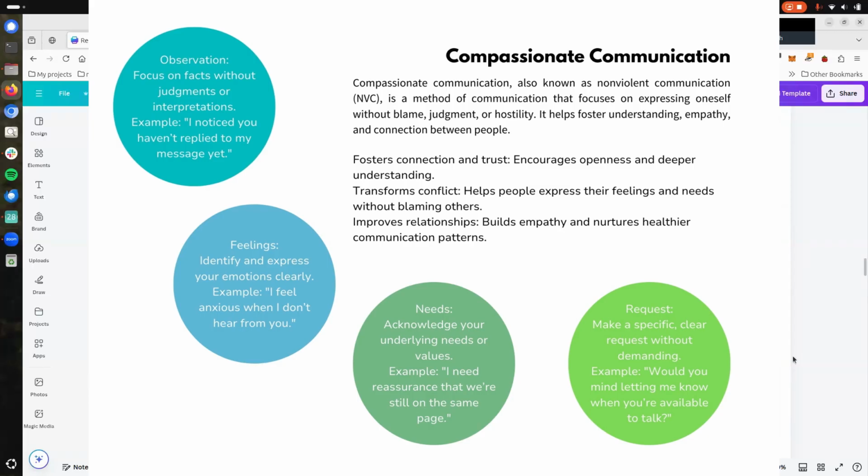For example, one might say, oh, I noticed you haven't come to the meetings we are scheduling, and I'm wondering how you are and what's keeping you away. At least you are curious about it, and not saying, you're being negligent because you're missing meetings. So staying in curiosity, asking questions is very important, and also encourages openness and deeper understanding towards other people.